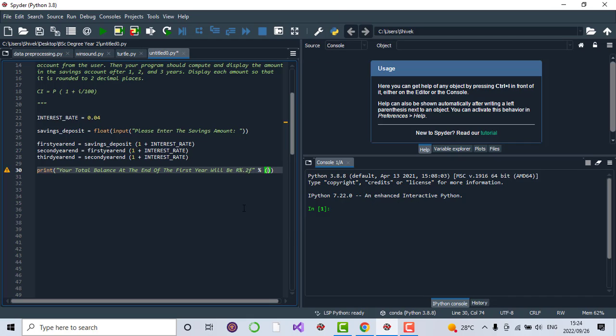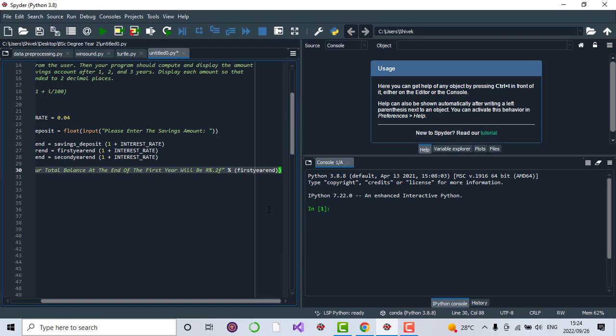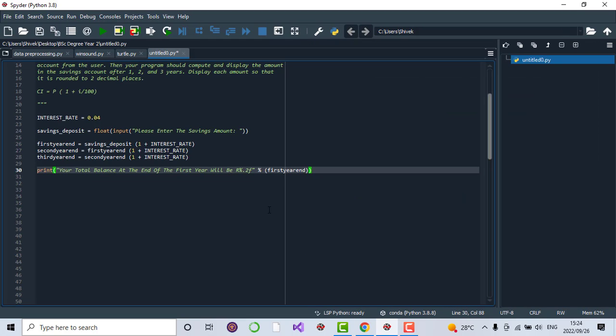In our case, we're saying our total balance at the end of the first year will be x. So for x, we need to fill in the first year end variable. Don't forget to pass in your percentage sign to denote formatting, and in a tuple or parenthesis, you may proceed to pass in first year end. Let's make this bigger. There we go.